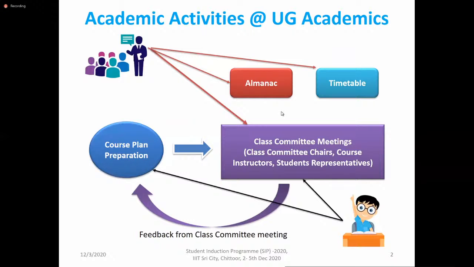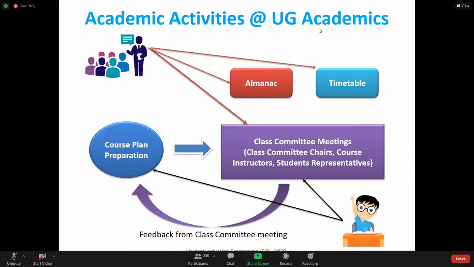The class committee meetings will happen maybe 3 or 4 times in a semester: in the beginning of the semester, after the midsem exams, and in between to take feedback from the students whenever required.